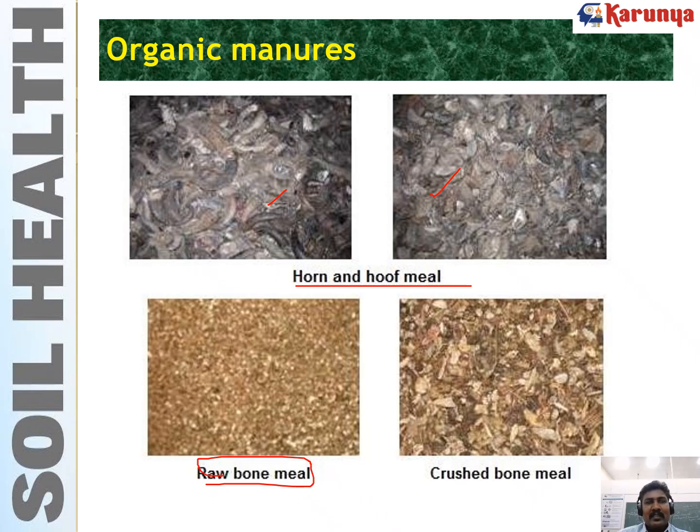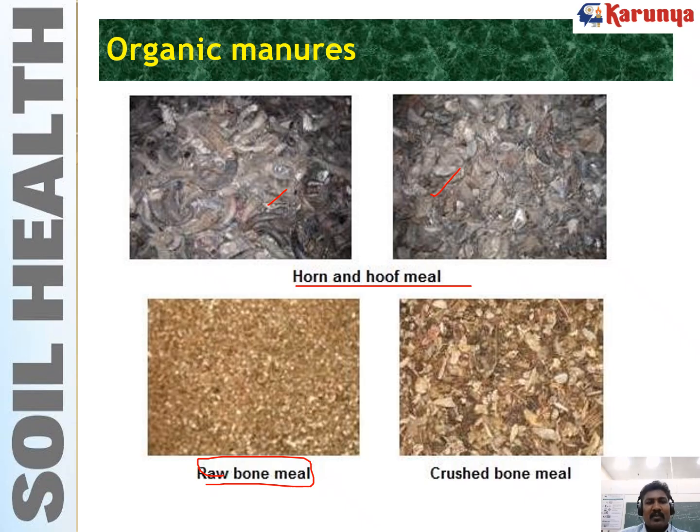Bone digesters are available. The bone can be crushed and digested in a digesting vessel so that it becomes soft. Then you can dry it, grind it, and make a fine powder for use as organic manure.